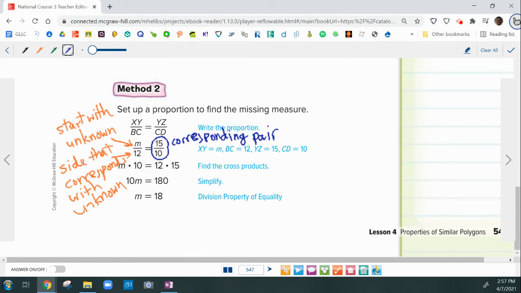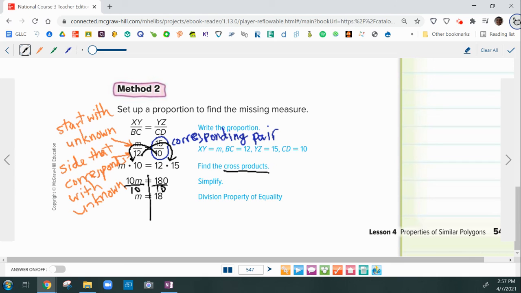The M and the 15 both come from the same shape, and the 12 and the 10 both come from the same shape. Now, what are we going to do? We're going to do the cross products. So that means we're going to multiply the 10 by the M and put it there, and the 12 by the 15 and put it there. Then we have an equation, and we solve by dividing by 10 on both sides. And we get that answer of M equals 18.